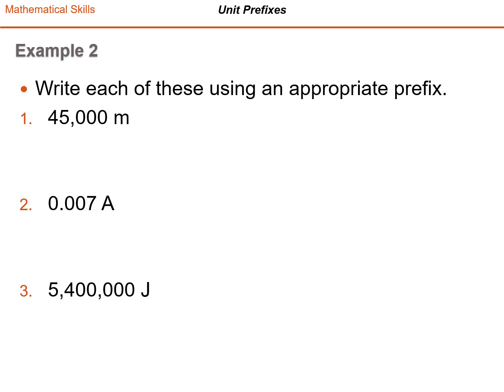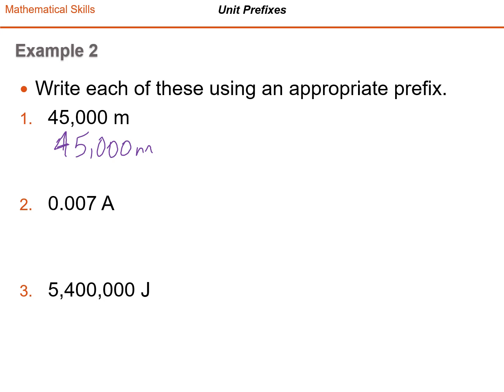Let me show you that with a couple of these, and you can have a go with that third one here. So here we've got our 45,000 meters. The key thing here is it already looks like we need to do 1,000, and with 1,000 we remember that we can do kilometers or kilo.